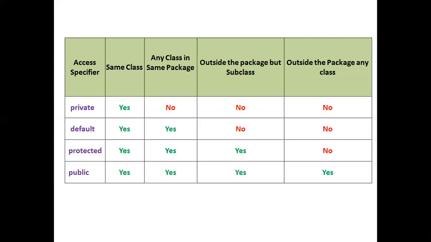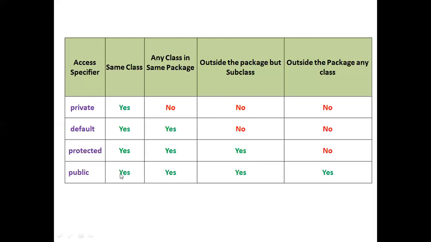So no modifier members can be used inside the same class, and inside the same package in any program we can use it. And outside the package in a subclass we cannot use it, and outside the package in any class we cannot use it. Protected and public have only one difference: outside the package in any class we cannot use protected.